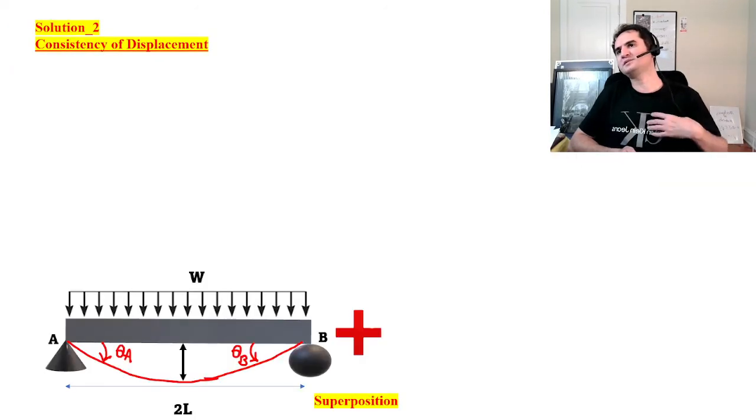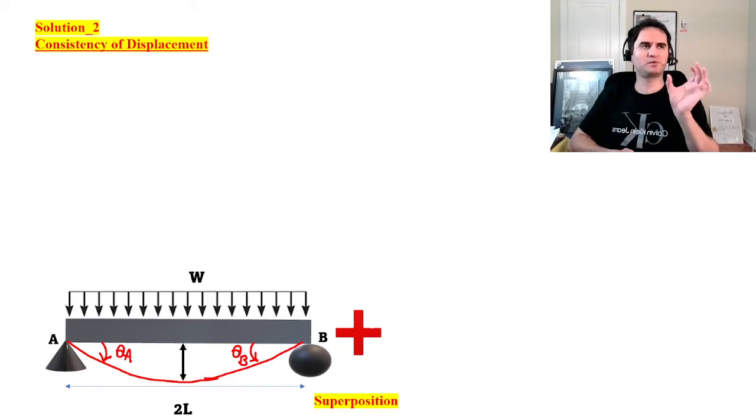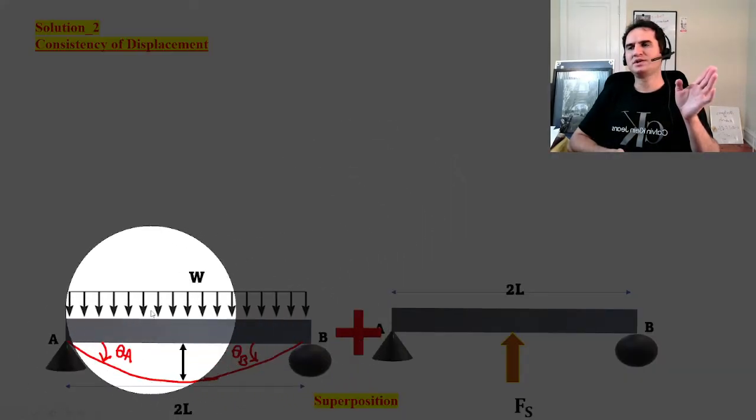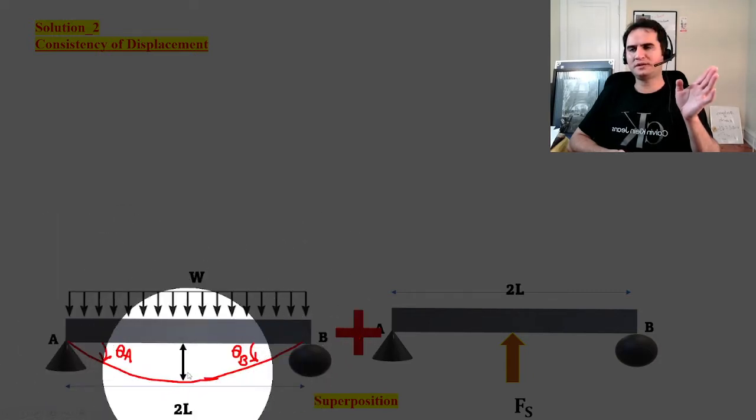So how does that go? By applying the superposition rule, I can divide my structure into two parts. First, the two simple support beam with uniformly distributed load W without the spring.